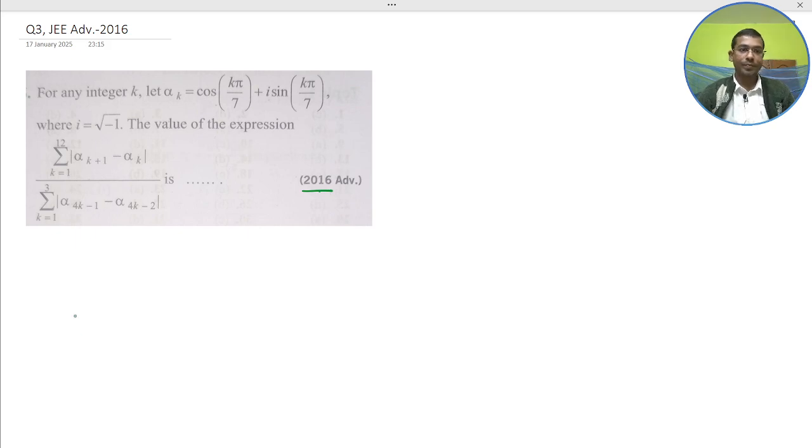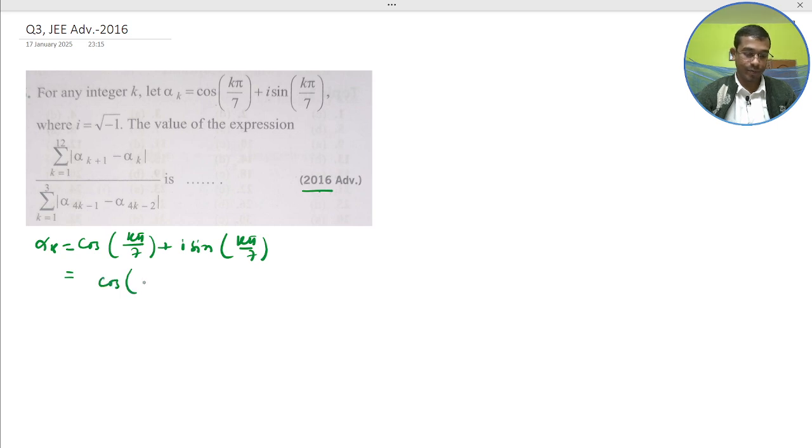So define alpha_k as given: cosine of k pi by 7 plus i sin k pi by 7. So this would be what? We can write it as cos of twice k pi by 14 plus i sin twice k pi by 14.